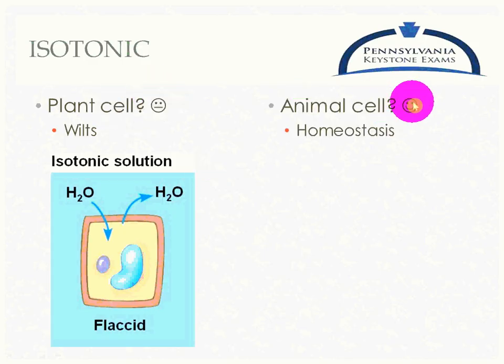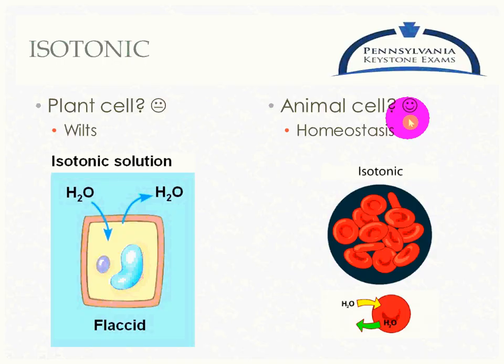For an animal cell, this is our happy place. This is exactly where an animal cell wants to be. Think about homeostasis. For animals, they want the concentrations to be the same on the inside and the outside. If you ever get really sick and you end up in the hospital, they give you an IV drip. They don't give you a pure water drip. They give you an IV drip that's got salt and sugar concentrations that are what your body should be at.